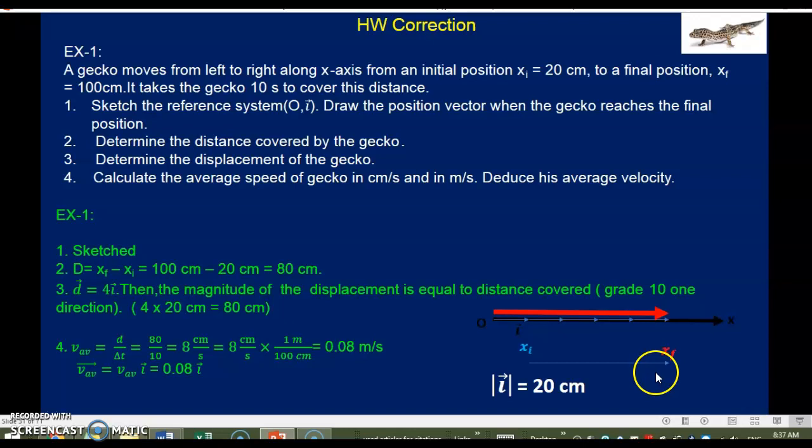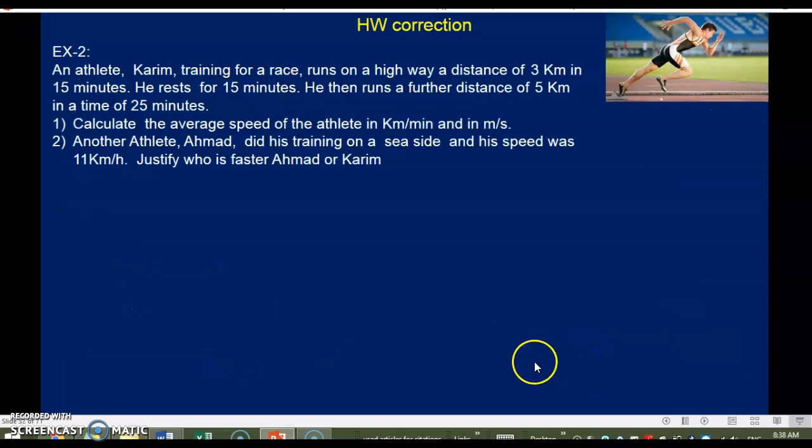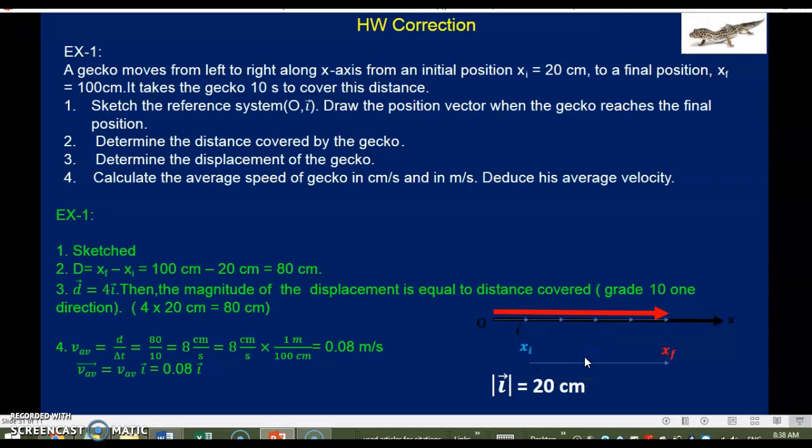If you think about it like a puzzle, how many unit vectors fit in this long displacement vector? We need 1, 2, 3, 4 i vectors to fit in this displacement vector. That's why we express it as d vector equal 4 i vector. As for the magnitude, 4 i vector has a magnitude of 4 times the magnitude of the unit vector, so 4 times 20 centimeter is 80 centimeter.